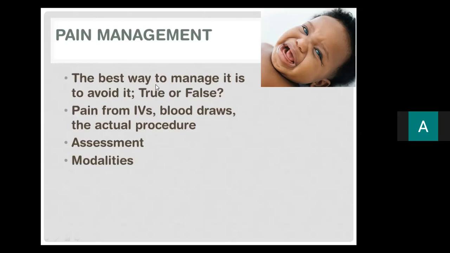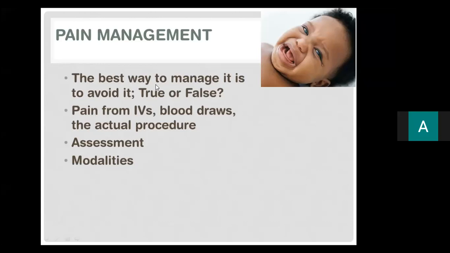For their pain, there are scales that are used to assess pain in those particular age groups. Things like the FLACC that looks at the facial expressions and their level of activity, which also relates to their level of development. You can also use a visual analog scale or a numerical rating scale, depending on their level of development.